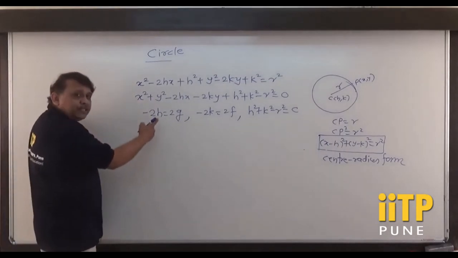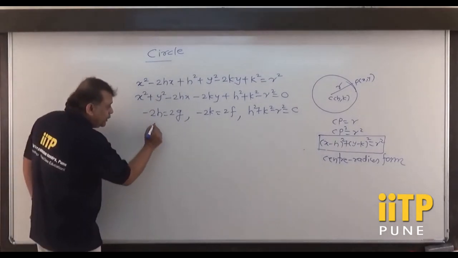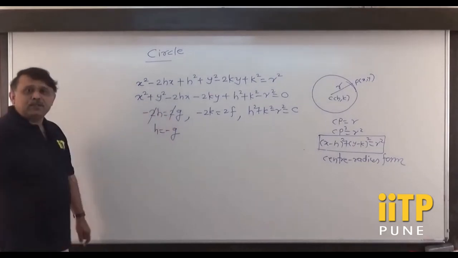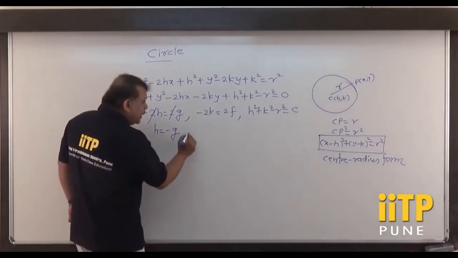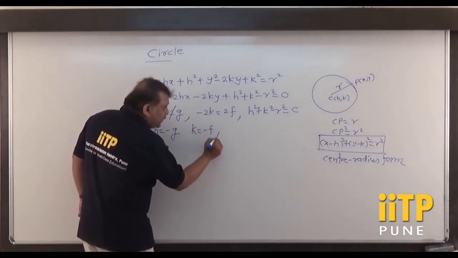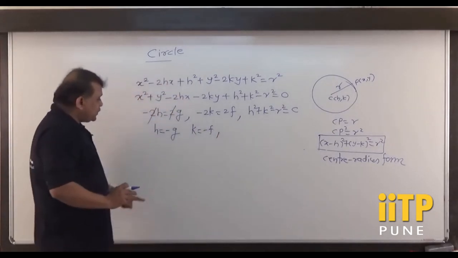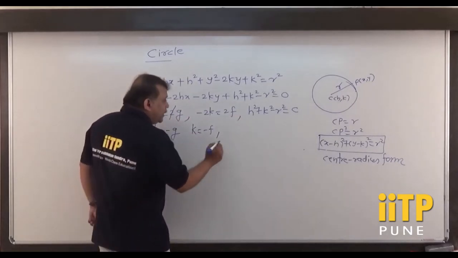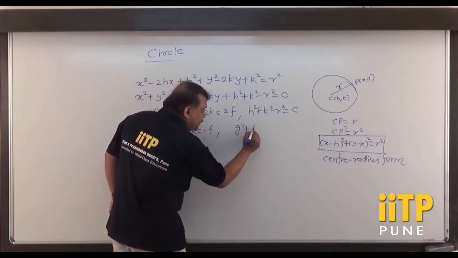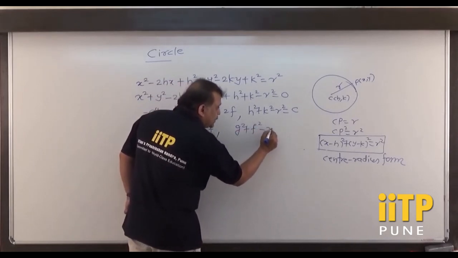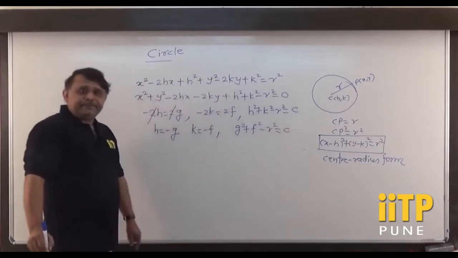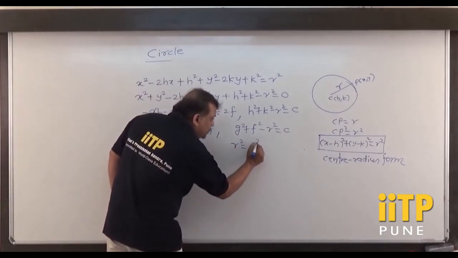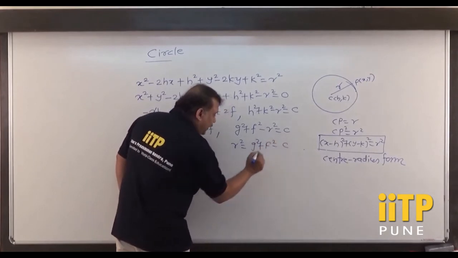With the help of this substitution, I get h is equal to minus g, by cancelling this 2 on both sides. Similarly, k becomes minus f, and if I replace h and k in this equation, I get g square plus f square minus r square equal to c. So, I get r square is equal to g square plus f square minus c.